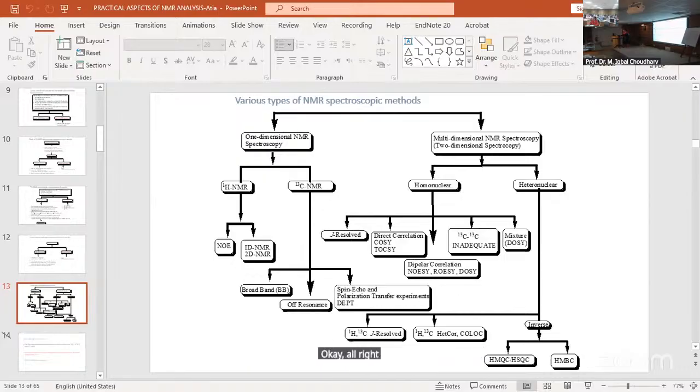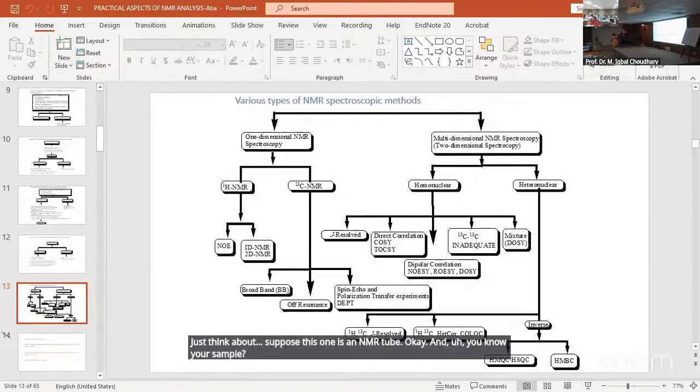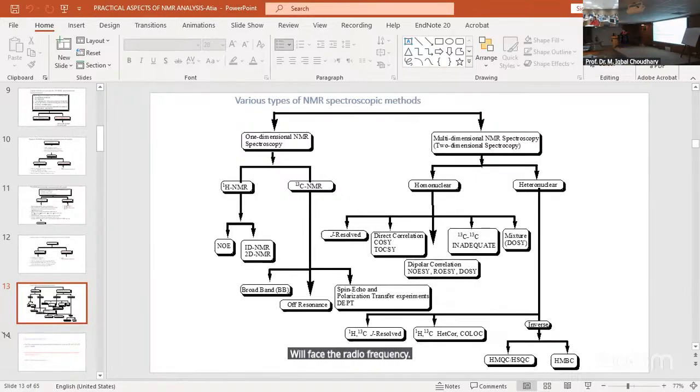Just think about, suppose this one is an NMR tube. You know your sample will face the radio frequency. The radio frequency should hit the sample.